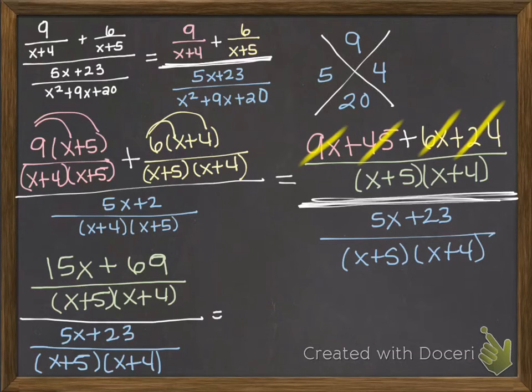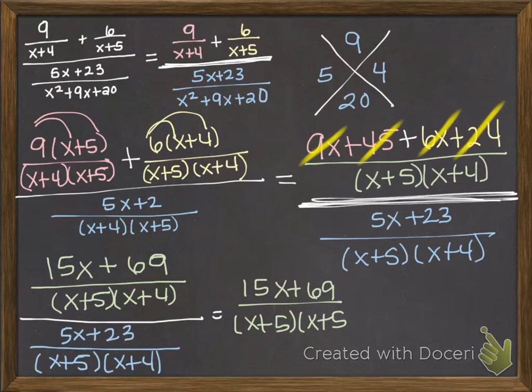So let's do that. I keep the numerator, the green part, 15x plus 69 over (x plus 5)(x plus 4). I change the division sign to multiplication, and I flip the denominator, the blue part.